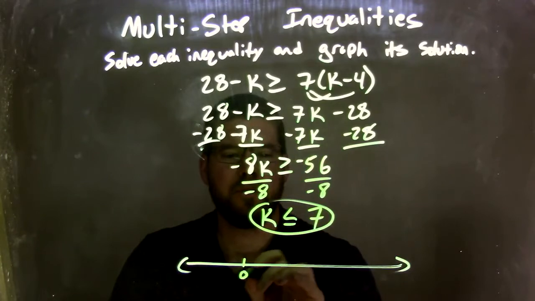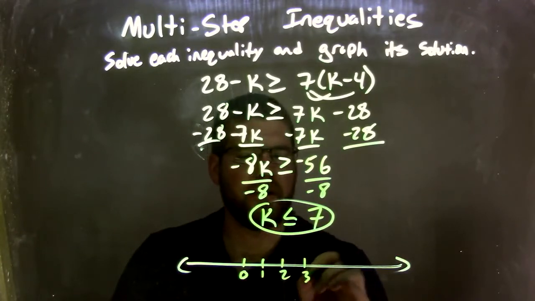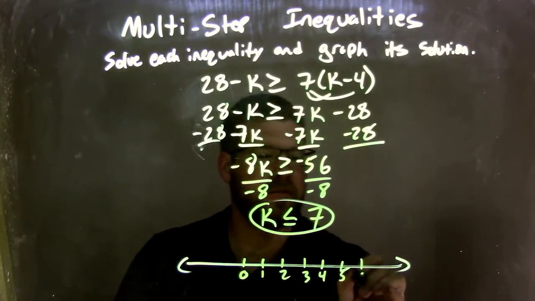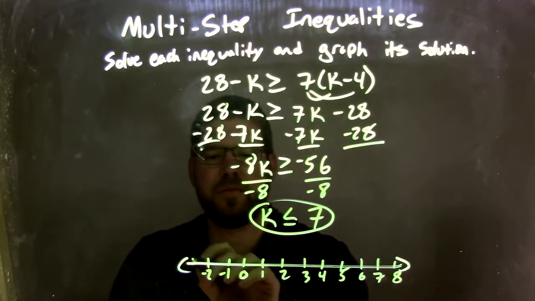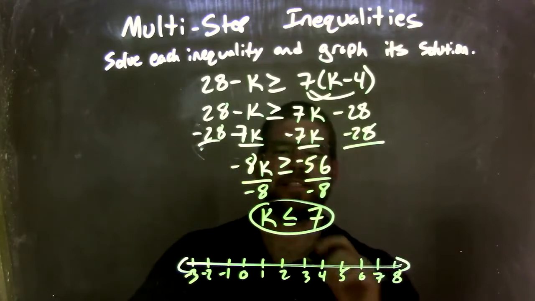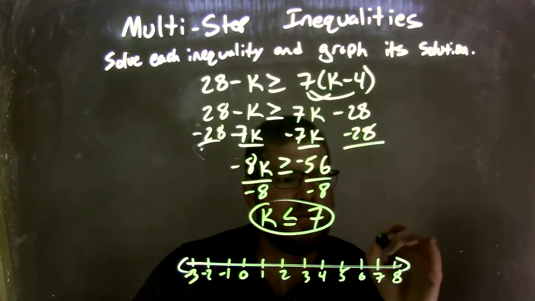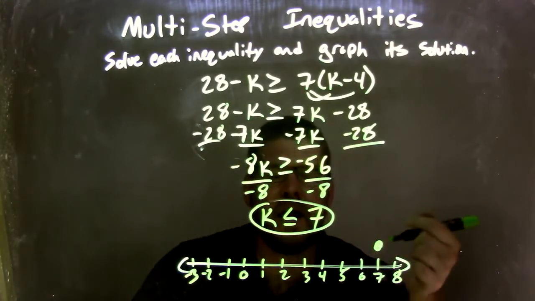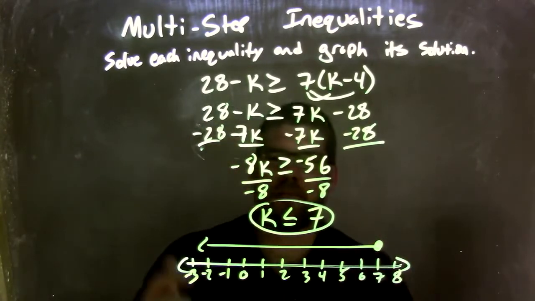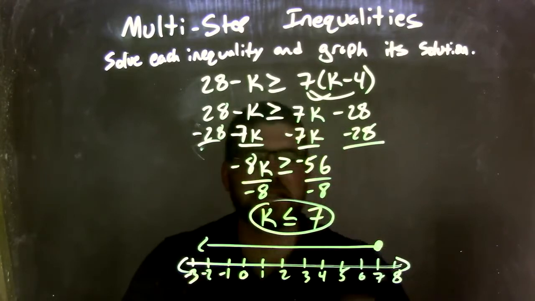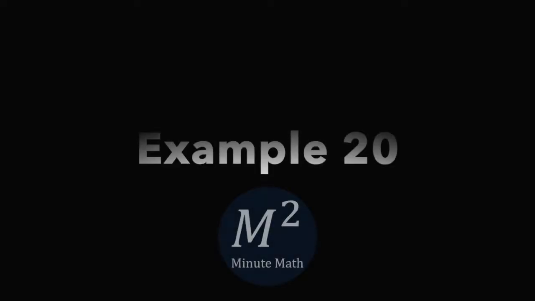Let's go 0, 1, 2, 3, 4, 5, 6, 7, 8, and then negative 1, negative 2, negative 3. Okay? Well, we said that k was less than or equal to 7, so we have a closed circle here at 7. And then it's less than, so I'm going to make my arrow to the left here. And now we have a graph here that matches our inequality, which is k is less than or equal to 7.